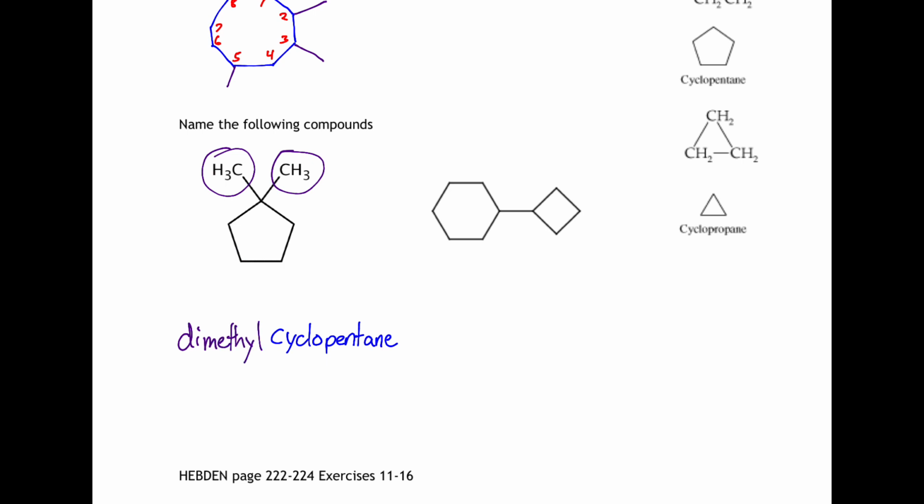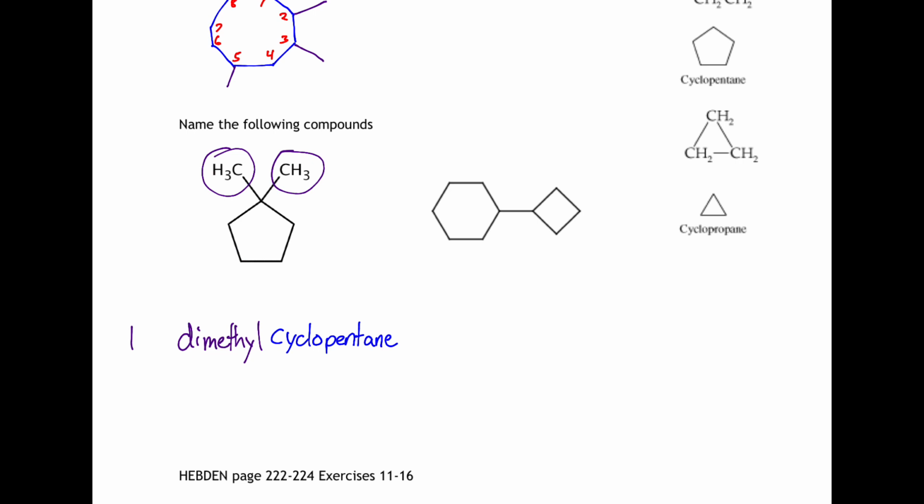So is there a numbering scheme that we need for this? Does it matter where these 2 methyl groups go? If I move them, would it change it? Yes, it would. I could put the 2 methyl groups on different carbons or the same carbon. Are they on the same carbon? Yes, so it's going to be 2 of the same number. We can choose any number we want. Well, I want to choose the smallest number that still works.